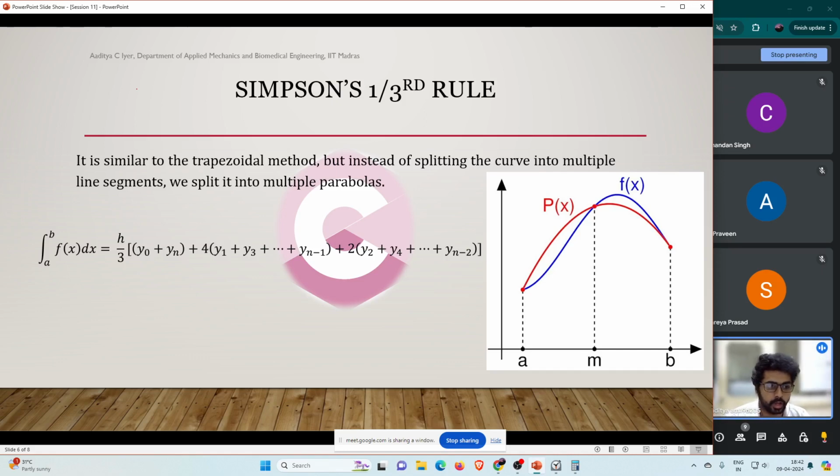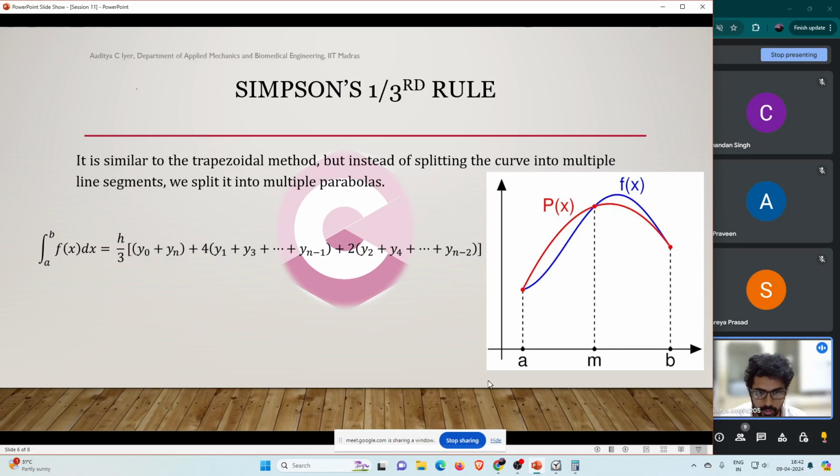If it is odd, my parabola will not be complete. So n is the number of segments, which has to be even, and h is the size of each segment, right.